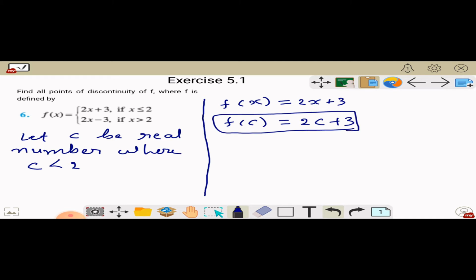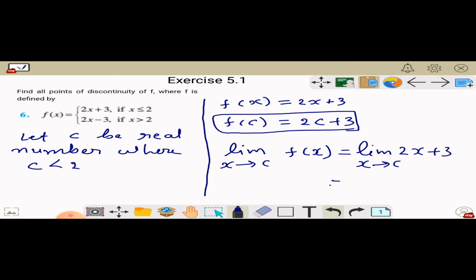Now we have to find the limit of the function with c less than 2. So limit x tends to c f of x is equal to limit x tends to c 2x plus 3, which is equal to 2c plus 3.